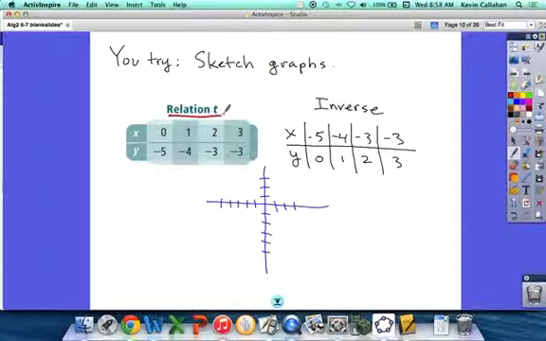So (0, -5), (1, -4), (2, -3), (3, -3). Purple. That's still there. Now we've got (-5, 0), (-4, 1), (-3, 2), (-3, 3). So it looks something like that.